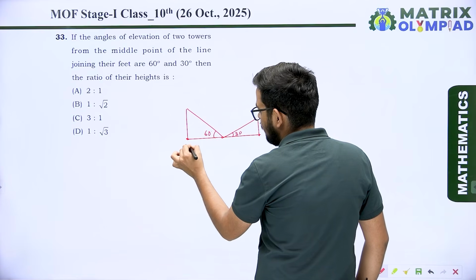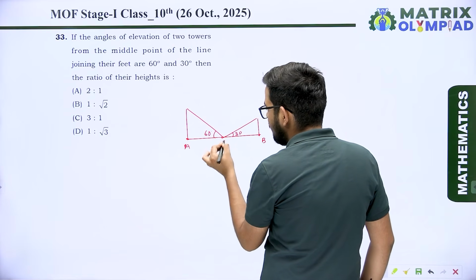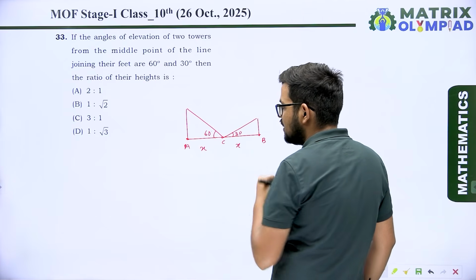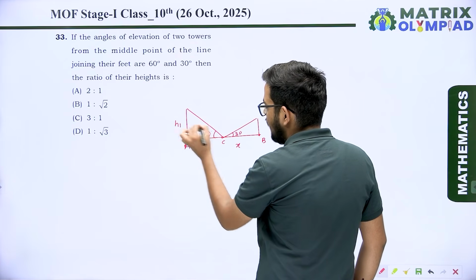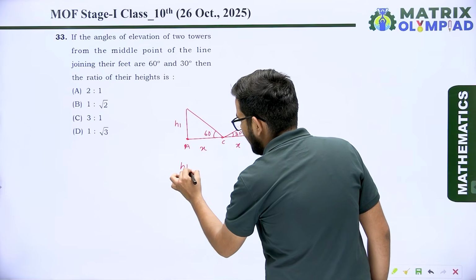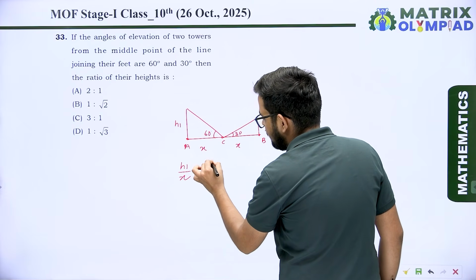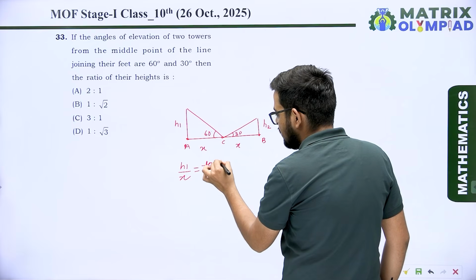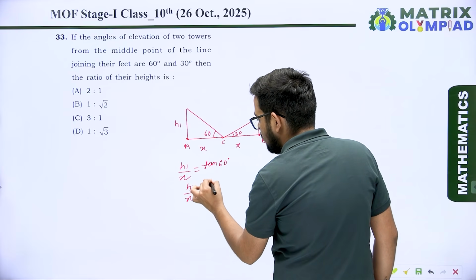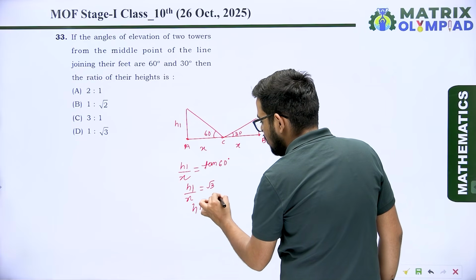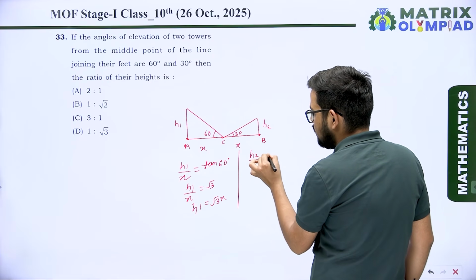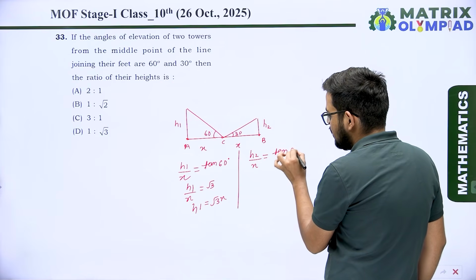So if C is the middle point of AB, it means if AC equals x, then BC also equals x, and assume the heights h1 and h2. So h1 upon x equals tan 60 degree, that is h1 upon x equals root 3. So h1 equals root 3 x, and h2 upon x equals tan 30 degree.